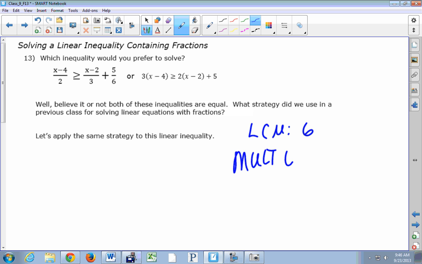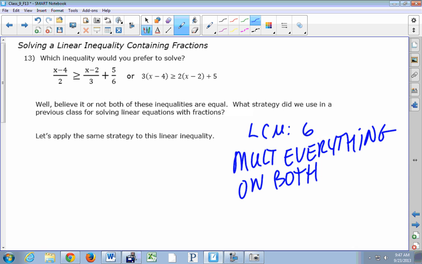Multiply everything on both sides of the inequality by 6. So you throw a 6 in here, a 6 in here, and a 6 in here. And what else do you remember to do? You put your arms around any binomial you see so that you will distribute that number.